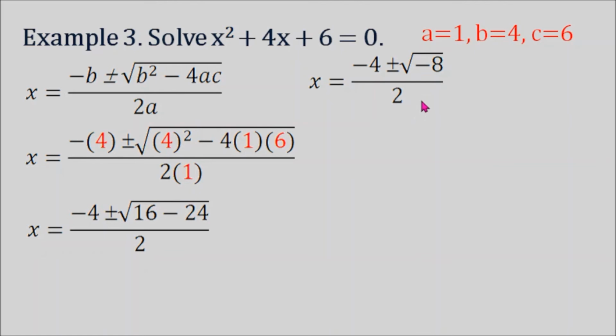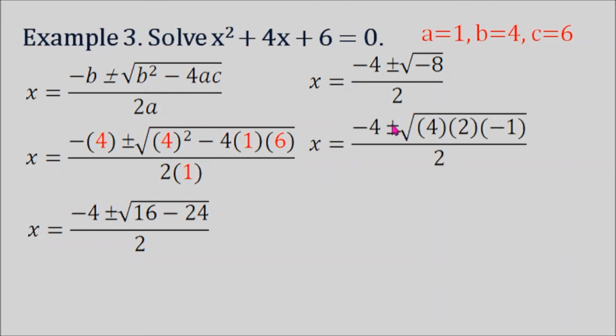So we are going to factor negative 8. So it's negative 4 plus and minus square root of 4 times 2 times negative 1 all over 2. Square root of negative 1 is i. So we have negative 4 plus and minus square root of 4 is 2. This 2 stays under the square root sign because it's not a perfect square.